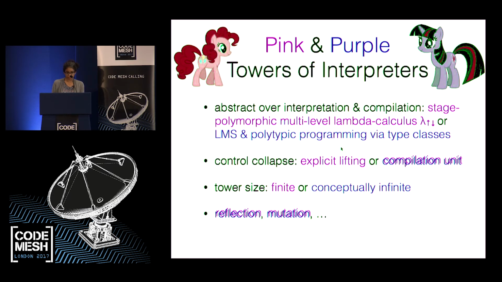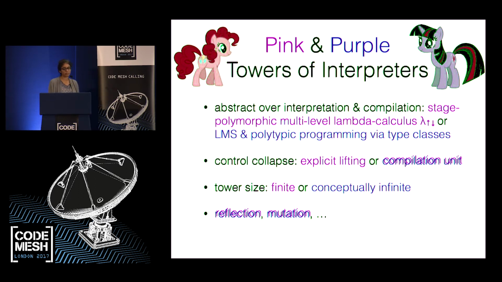Okay. So the two systems I will show are Pink and Purple. Purple, you've seen an example already, and Pink is more about showing this stage polymorphism from first principles using a multi-level lambda calculus, and Purple is using the LMS framework in Scala and polytypic programming via type classes.